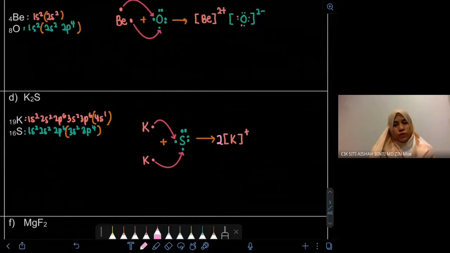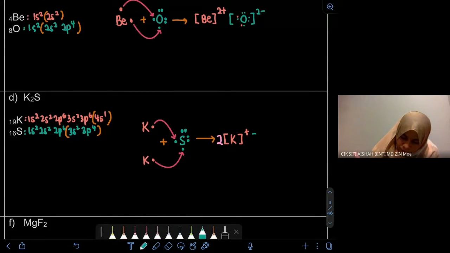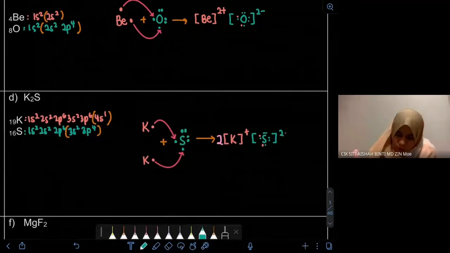Kita ada two of our potassium. Di sulfur kita, 1, 2, 3, 4, 5, 6, 7, 8 tu from our potassium kan? So sini jadilah sulfur kita dah achieve 2 electron from our potassium. So jadilah 2 minus.